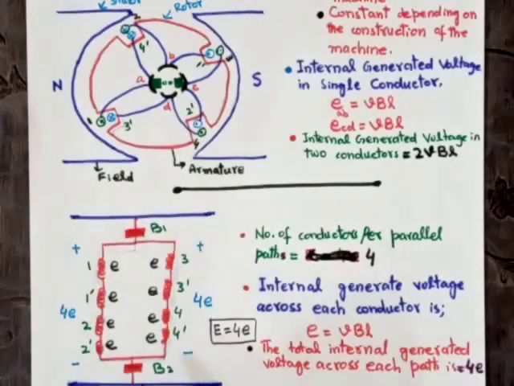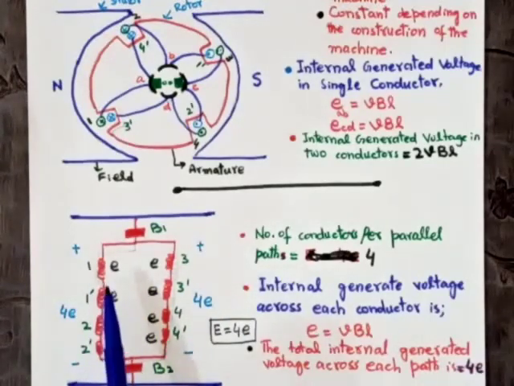This is brush number 1 and this is brush number 2. That's why the number of parallel paths will be 2 as well. That is, 4 conductors will be across path 1 and 4 conductors will be across path number 2. Here the total EMF will be 4E.